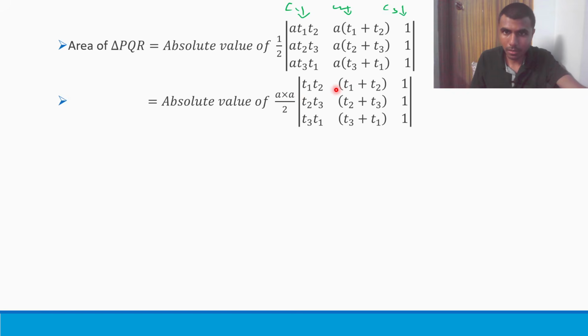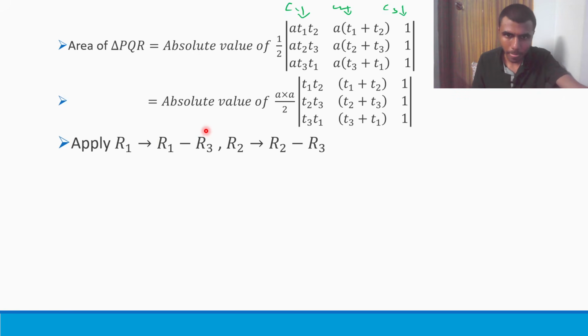So this is what I have. Next I am going to apply something known as row operations. Matrices must have been the favorite chapter of many, I know. In case you forgot, it's okay, I'll go a little slow. I'm applying two operations on this determinant: R1 implies R1 minus R3 and R2 implies R2 minus R3. Now if I do that, I'll be getting this.